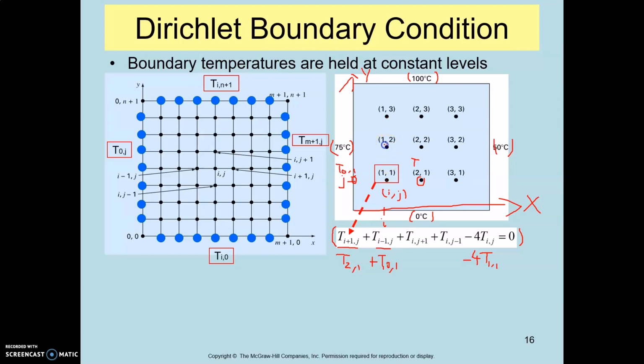The next 2 points are these two. Okay, so this is T12 and this is T10. So this is T12, where your j is 1, 1 plus 1 is 2, plus T1, 1 minus 1, you get 0.